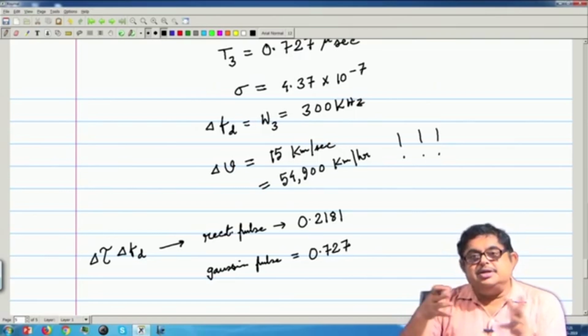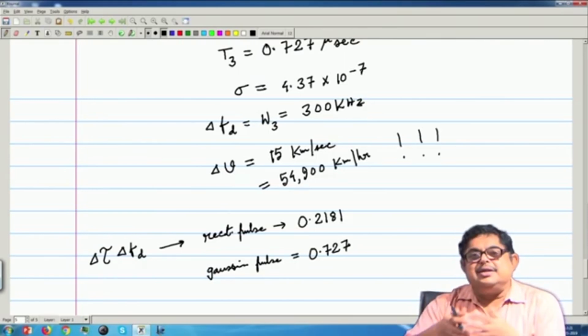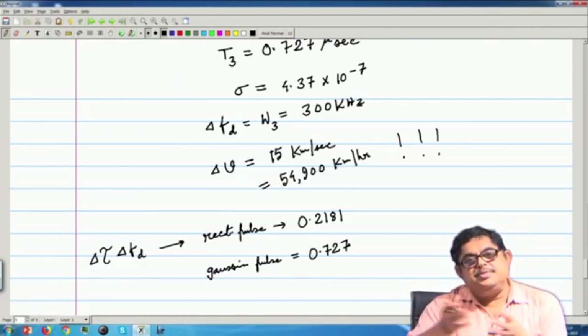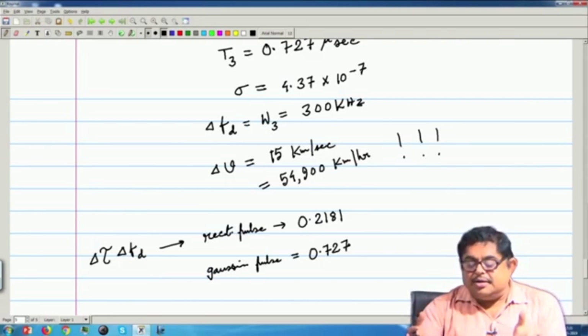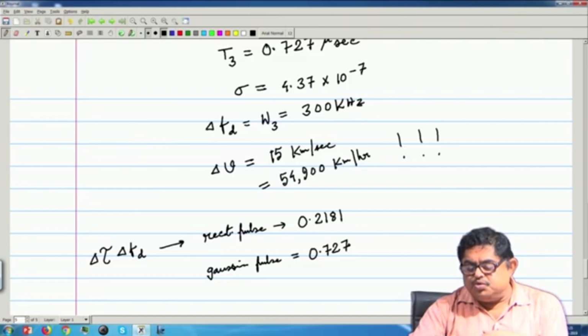Since we want to minimize both of these resolutions, but we are haphazardly going for various pulse shapes, I can calculate, but whether this is better than that I do not know. Somewhat I tried to do it with the product of the two resolutions. You see, from 2 it is coming 0.7.